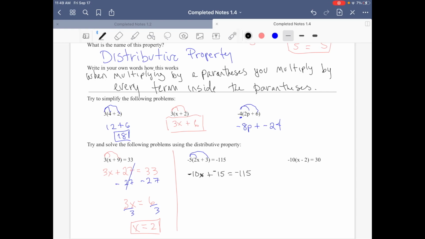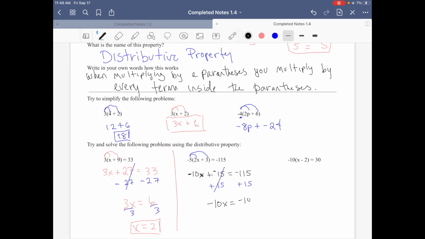And that equals negative 115. So now I'm going to get rid of this negative 15. So the opposite of negative 15 is going to be positive 15. So I'm going to add 15 to both sides. That cancels, and I'm left with negative 10x equals, if I owe you $115, I pay you back 15, I still owe you 100.